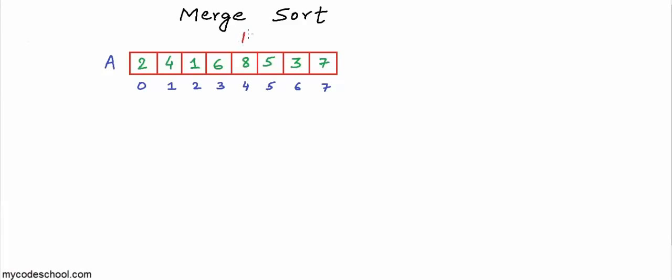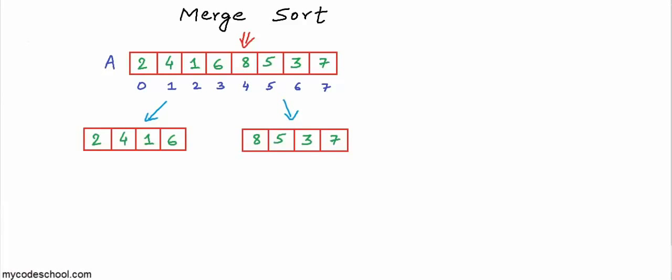So we will find some middle position, and we can say that all the elements before this position belong to the first half and all the elements on or after this position belong to the second half. If an array would have odd number of elements, one of the halves will have one more element than the other half. We have 8 elements in the original array here, so we have two equal halves.